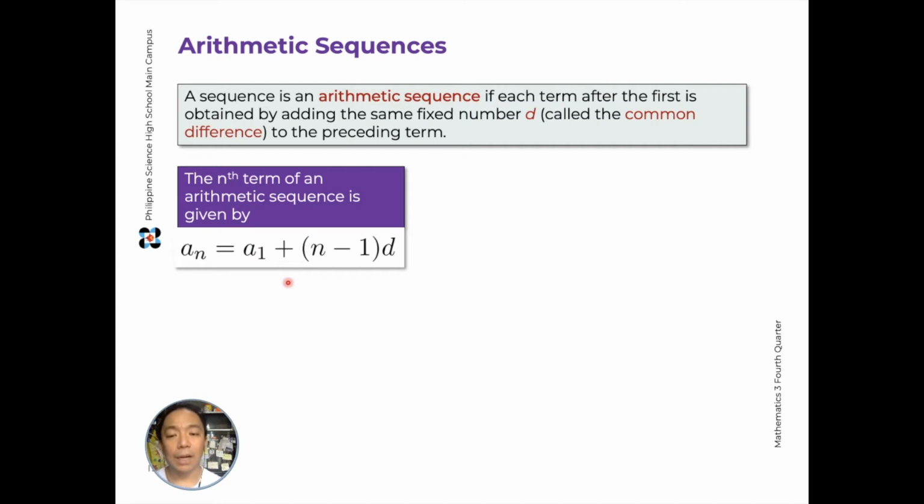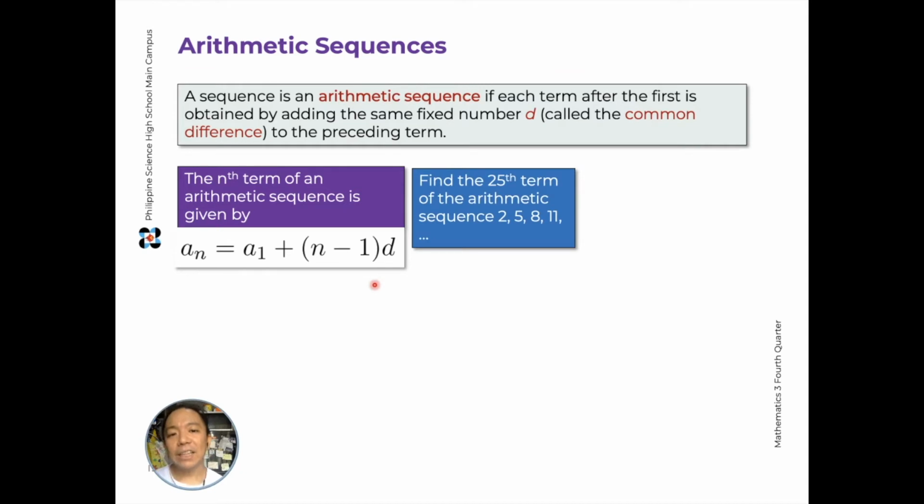So, plus d, plus d, plus d, plus d to get to the fifth term. So, what this formula essentially does is you're adding the common difference n minus 1 times to the first term of your arithmetic sequence. So this is an explicit definition kasi usually alam mo naman yung first term, hindi mo kailangan malaman anywhere dito yung preceding term.